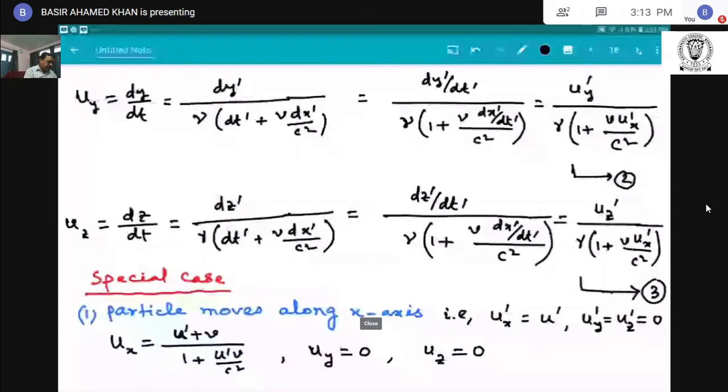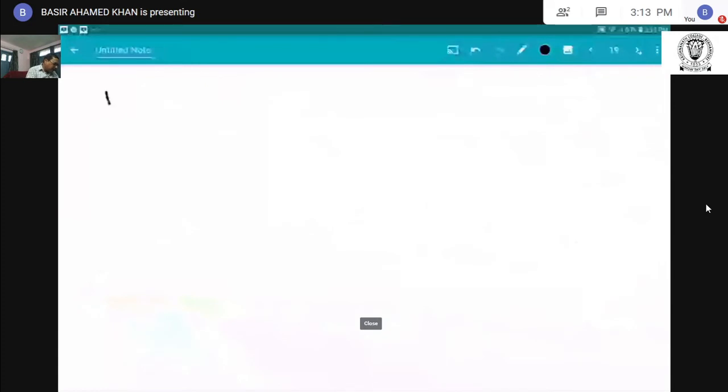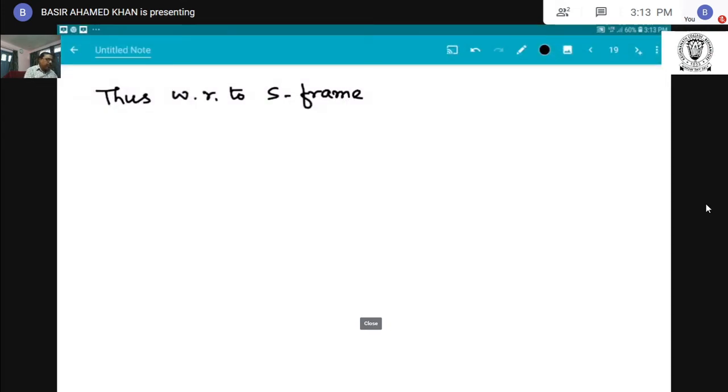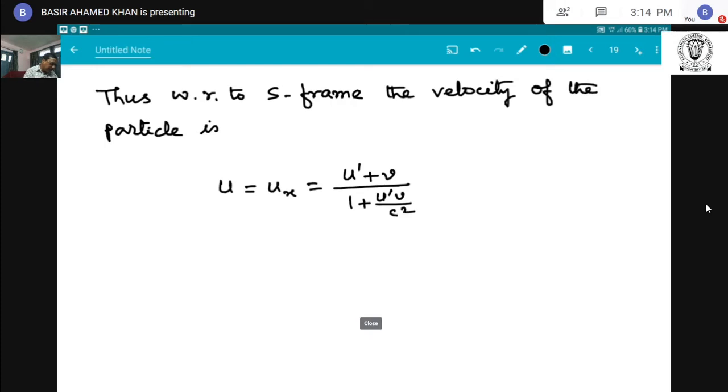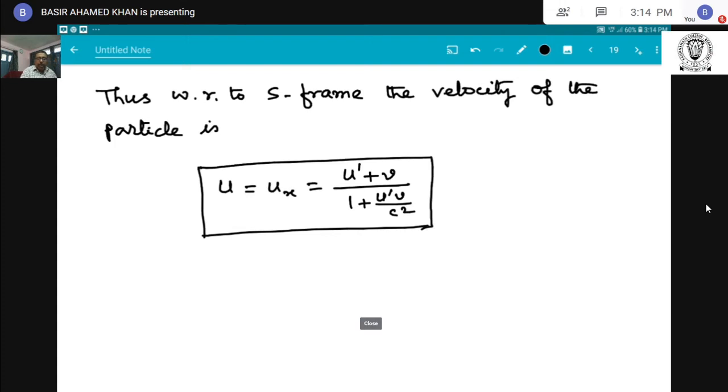Thus with respect to the S frame, the velocity of the particle is u equal to ux equal to u dash plus v divided by 1 plus u dash v by c square, when the particle is moving along the x-axis.